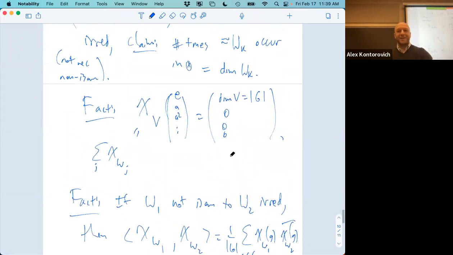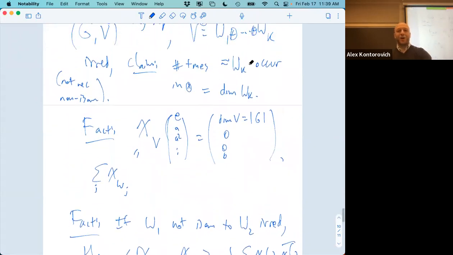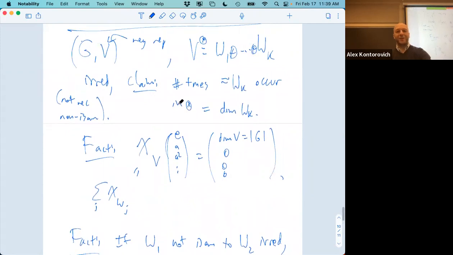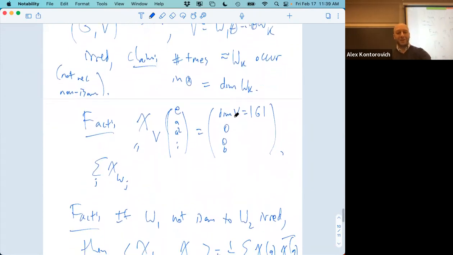And so why does the number of times that this occurs equal its dimension?